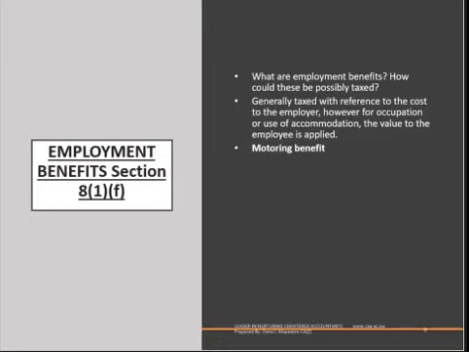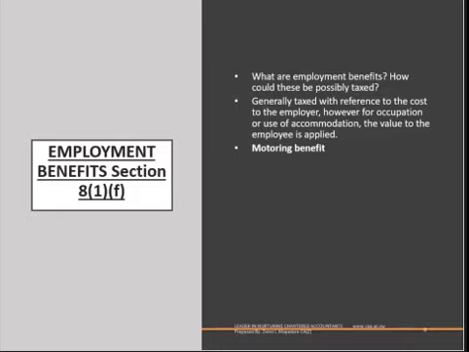So it makes reference not necessarily to the cost to the employer, nor to the value to the employee, but they have deemed a particular cost to it, as it's difficult to ascertain what the benefit to the employee or the cost to the employer is. So they have deemed a cost based on the engine capacity and the duration of use. We also need to understand that the motoring benefit specifically scopes out repairs and fuel.